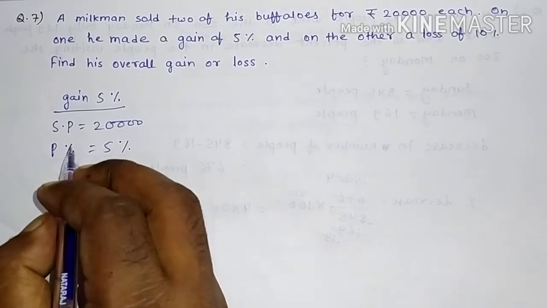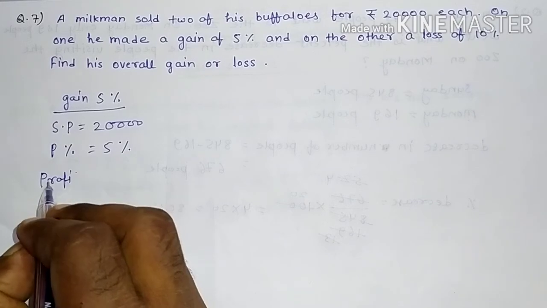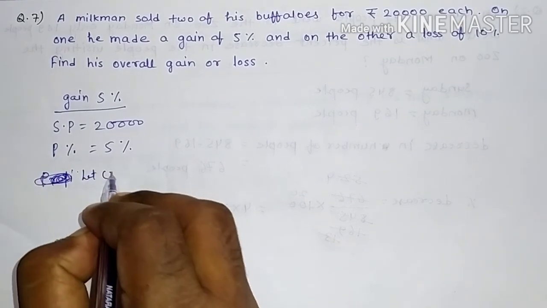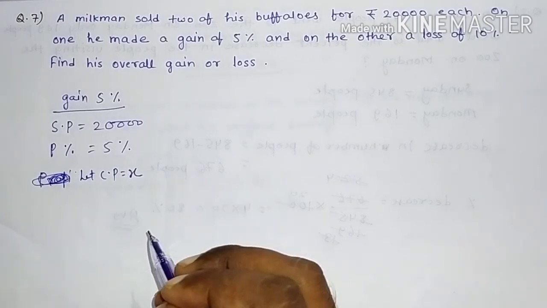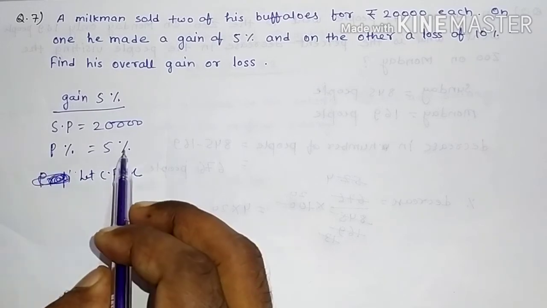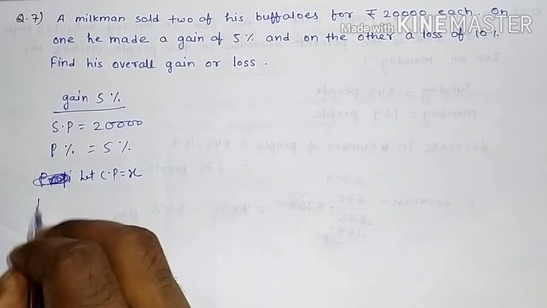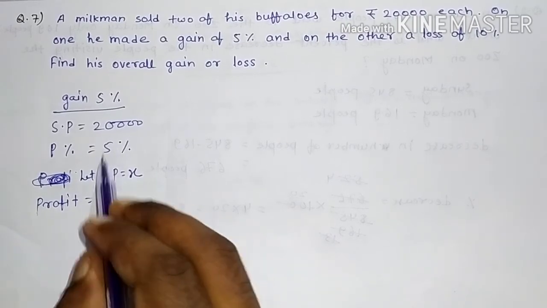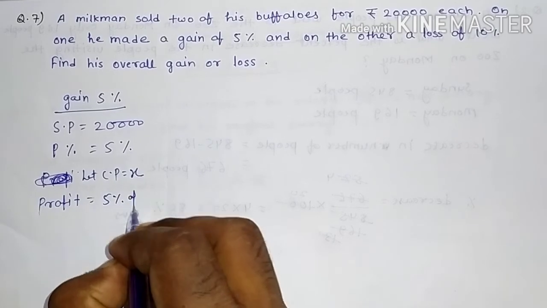So first of all, just find the profit. First of all, let the CP of a buffalo be X rupees. So cost price is X rupees and profit percent is 5%. So the profit is 5% of CP, that means 5% of X.